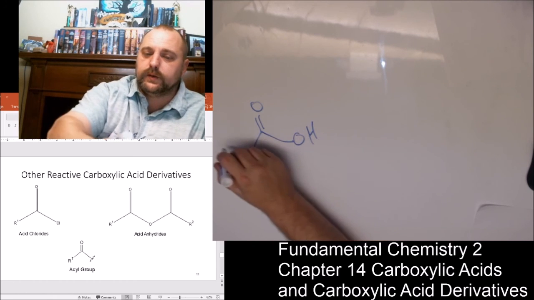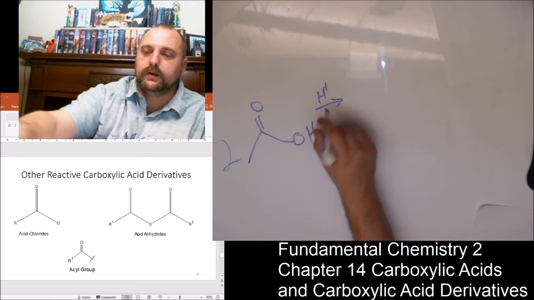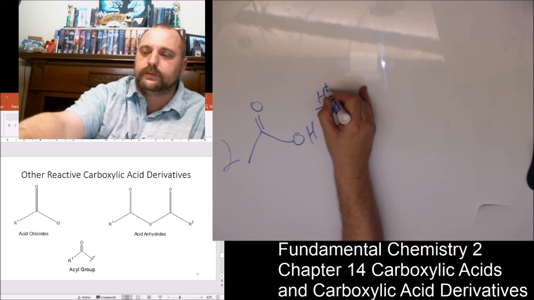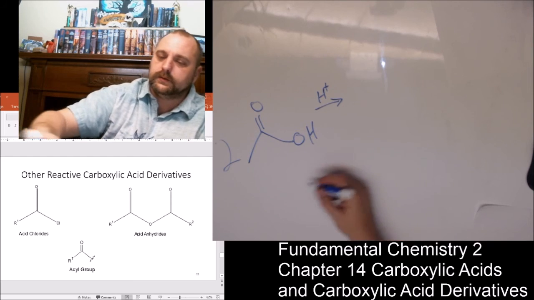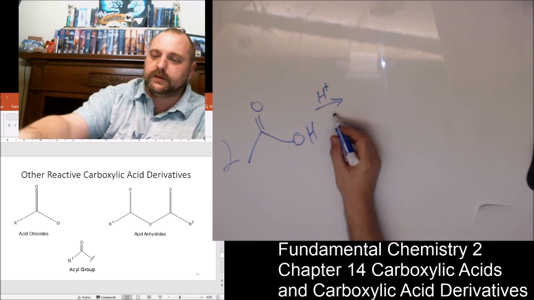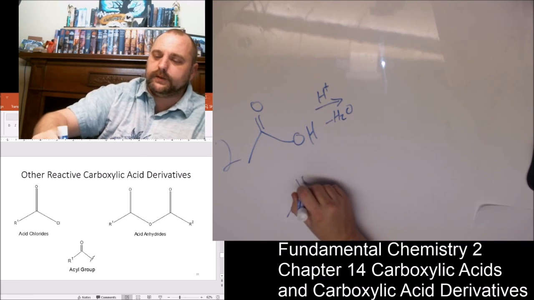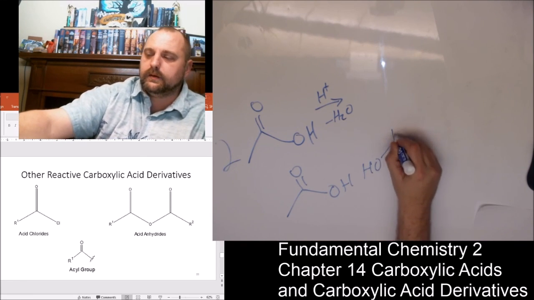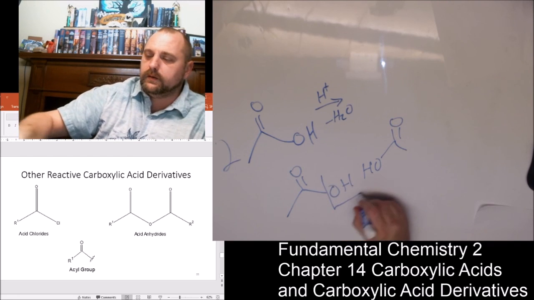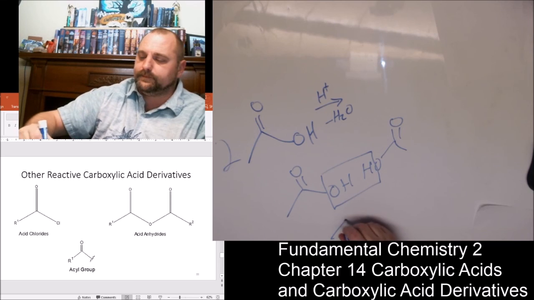If I take 2 of these and react it, you can do it in acid conditions. So the acid conditions, the main thing is we want to lose water. You draw 2 of these, and then you just draw your box around your water, and we're going to connect them.